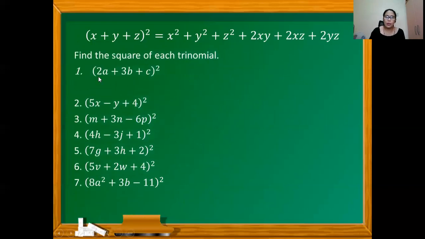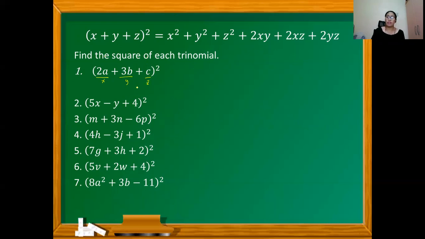Now, in the first example, I'm going to substitute the given in the formula and then simplify our answer. Take note, class, that this 2a will serve as the first term, which in our pattern is your x. And then the second term is 3b, which is represented by y. And the third term is c, which is denoted by z in the formula.